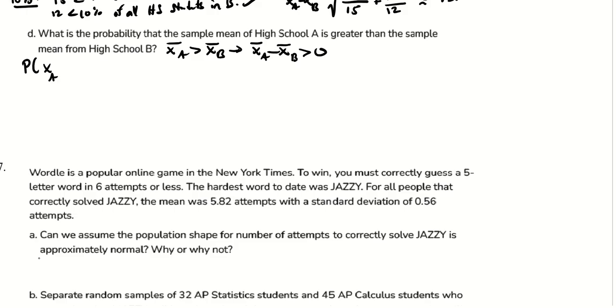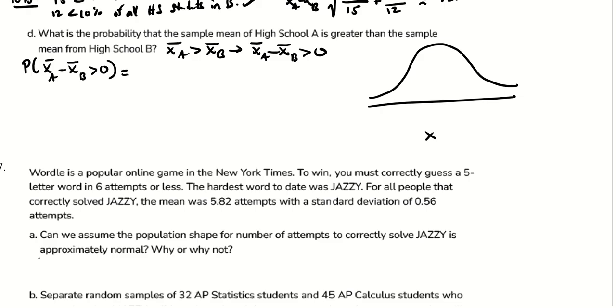Okay, that's exactly what we're looking for. We want this to be greater than 0. And we know that because it's normally distributed and all that, this is x bar A minus x bar B. The mean we calculated was 40.